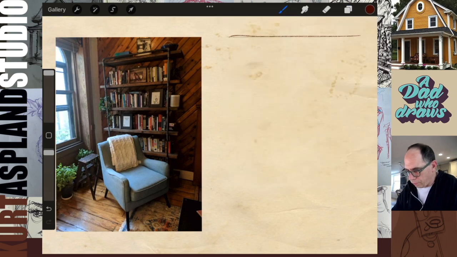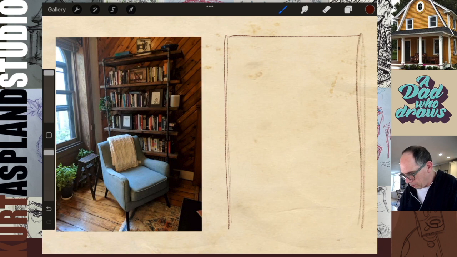Let's always start off with a frame. A frame is always helpful to get some sort of guidance of where we're going. And you know, the corner of the room is going to be about here, and so this actually is the interior. This doesn't have to be exact.